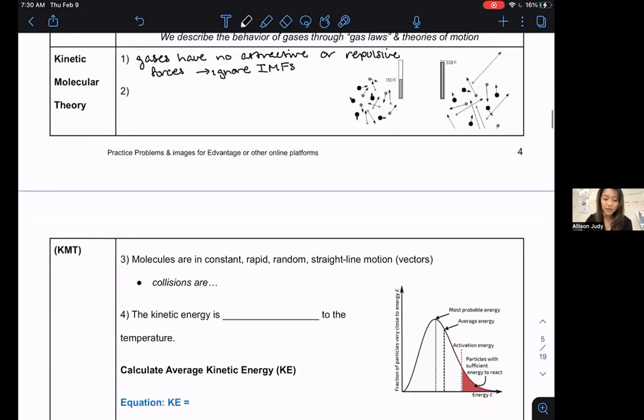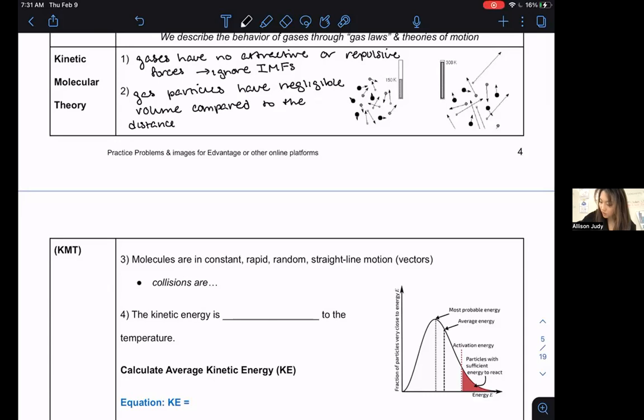In addition, we assume in the kinetic molecular theory that the gas particles have negligible volume compared to the distance between the gas particles.